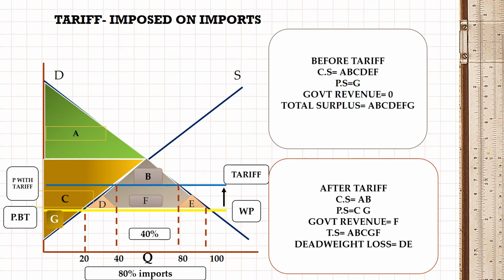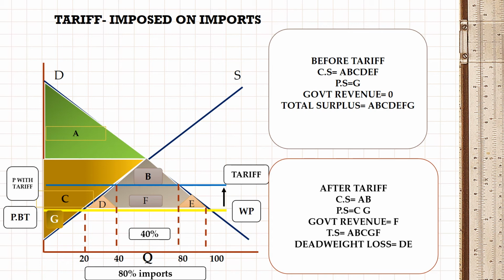Now let's calculate total surplus. So with the new tariff price, your consumer surplus is only A, B. The area above the price and below the demand curve is now only A and B. What is your producer surplus? No, it's not C, G, D, F, E. It's only C and G because producer surplus is the area below price and above the supply curve.